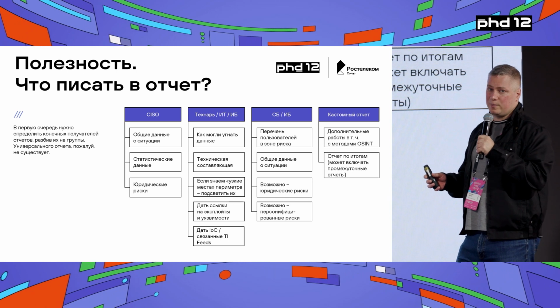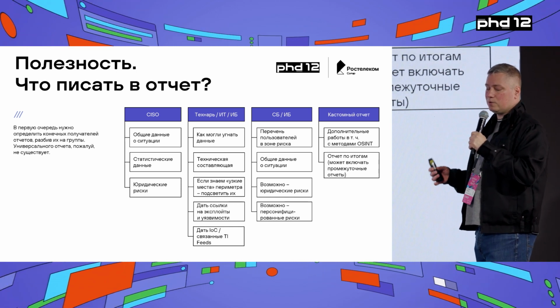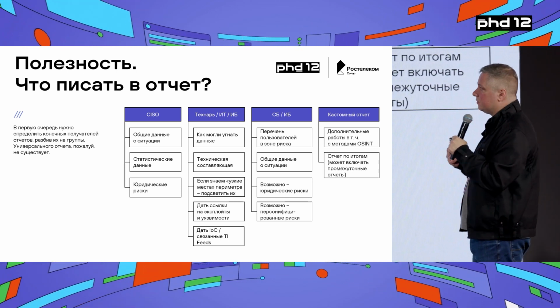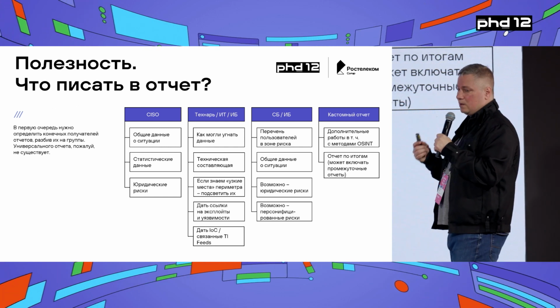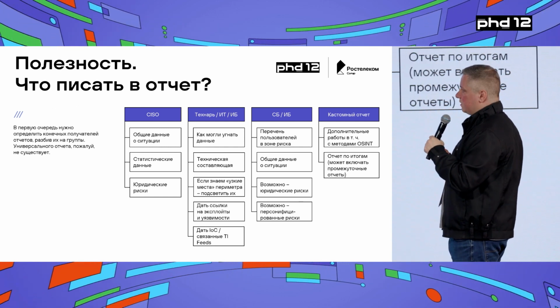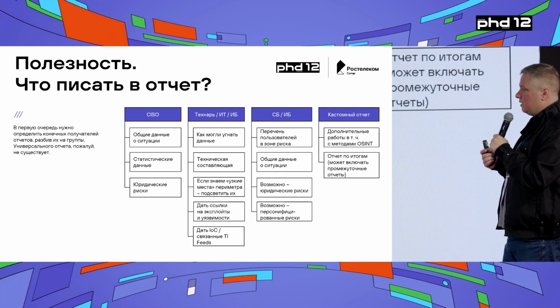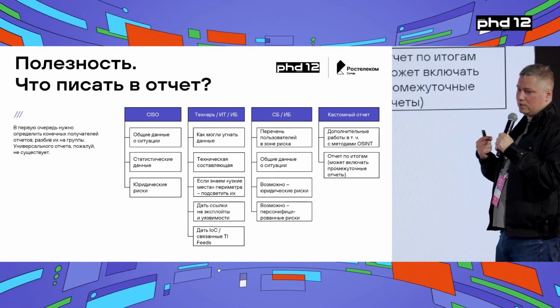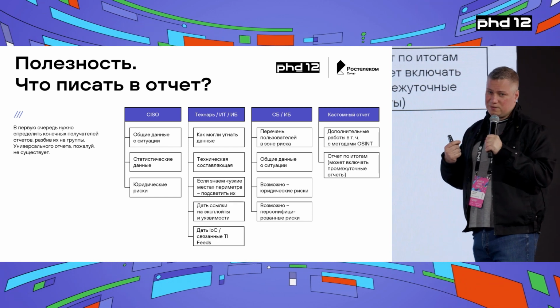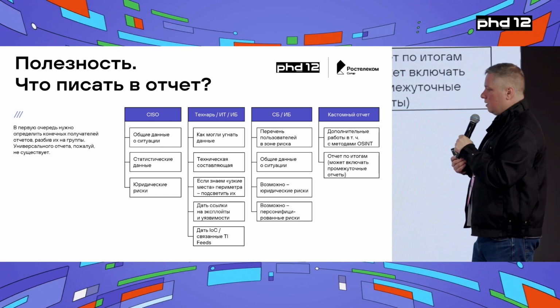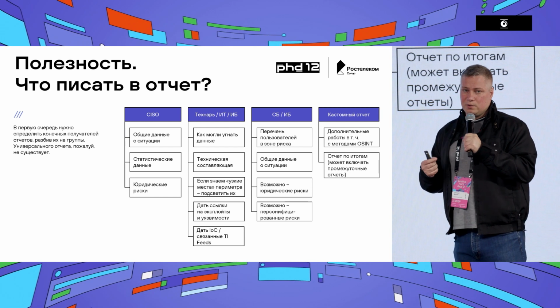Legal risks in most cases are formalized, so there is no problem with them, and anyway, you have to confer with your legal guys. Technicians have to actually get the information on how that data was hacked. What technical features are there? What bottlenecks are there? This is a kind of cyber response to the situation.